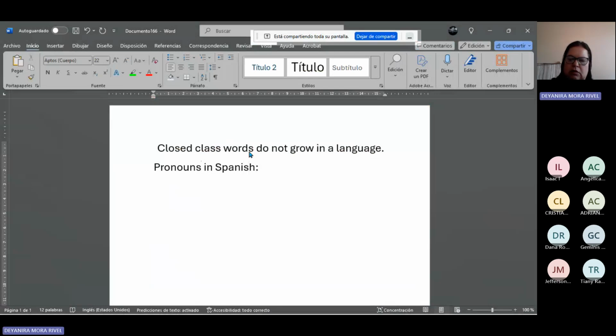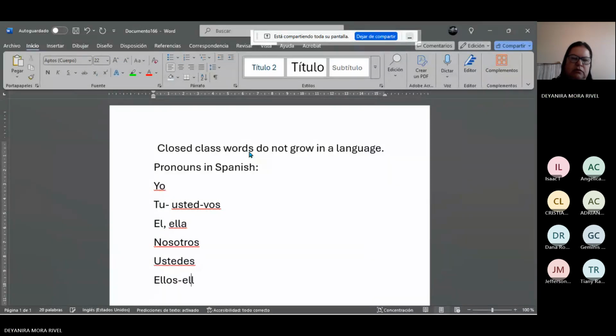Okay, so we have yo, tú, o usted, or vos, él, ella, and then we have nosotros, ustedes, y ellos, y ellas. Okay, those are the pronouns, the subject pronouns.